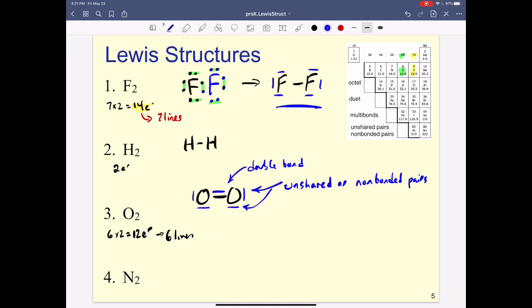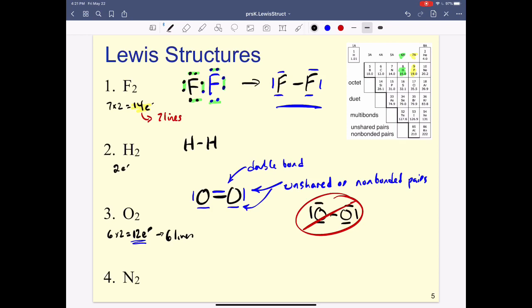And so you can see with the line structure that each oxygen has an octet, but we've done that still with only 12 electrons. We cannot end up with simply putting too many electrons in the structure. That would not be allowed, because that would be 14 electrons, not 12 valence electrons.